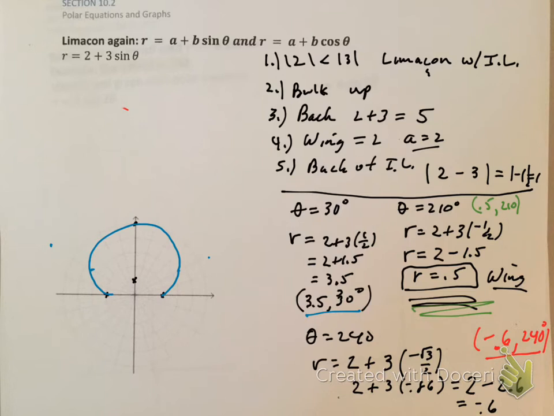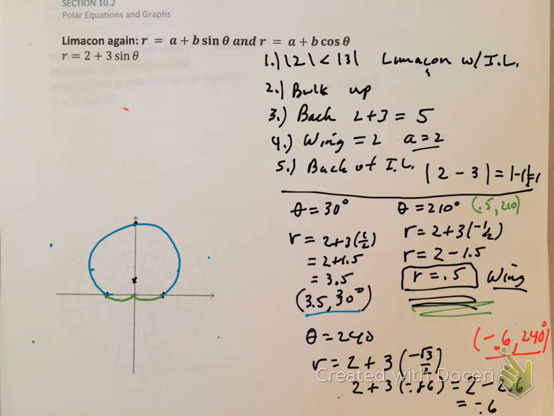So 210 is located about right here. I need to go 0.5. It's very, very small. And I need to do the same thing at 330. I need to go 0.5. So my wing is going to be that small little region right there.